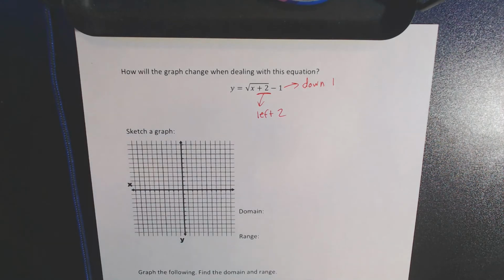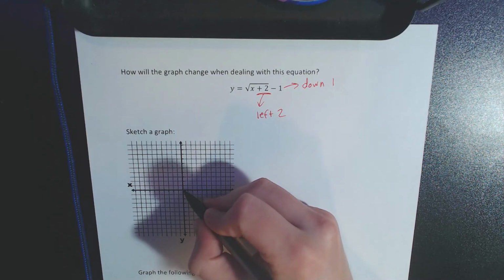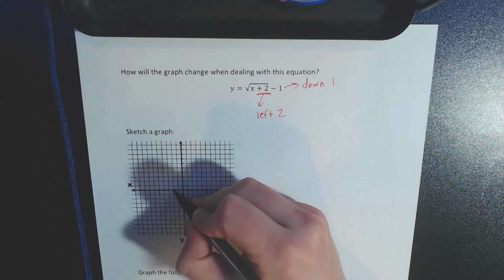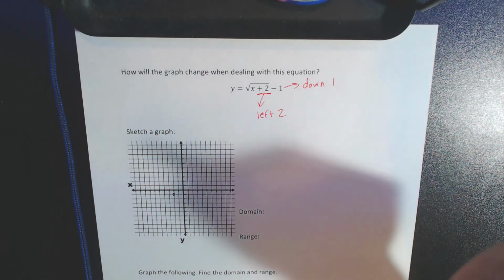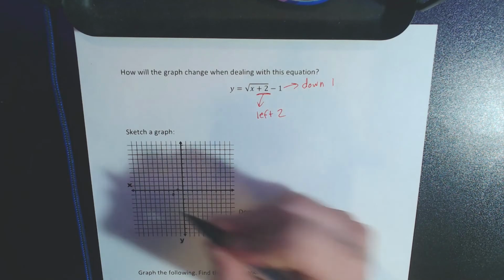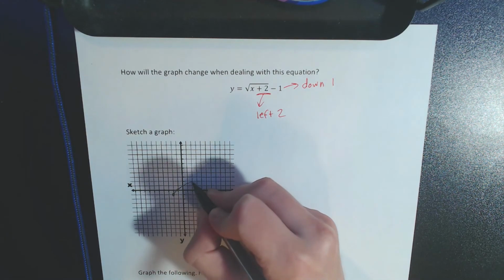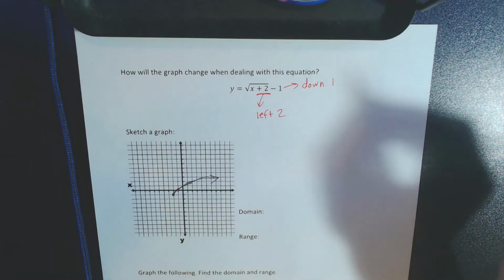Okay, so remember our typical square root started at 0, 0. So we go left 2, 1, 2, and then down 1. That's where we start now. And then it was a parabola, so it went over 1, up 1, right? But it was only half of it, so it's bent like that.